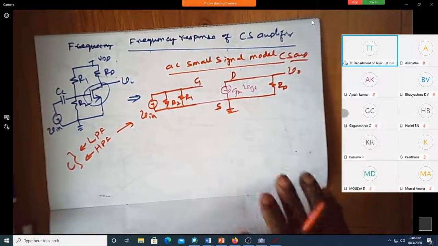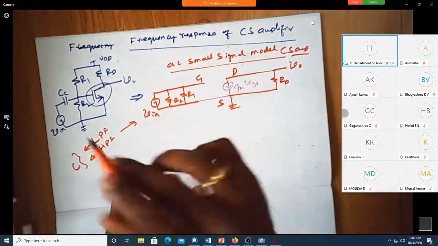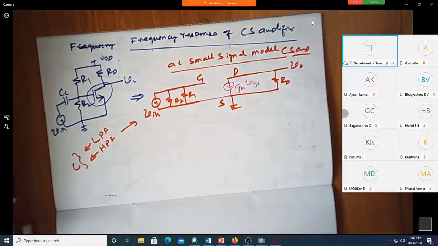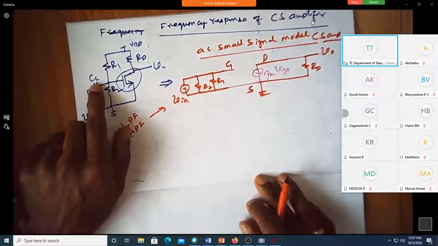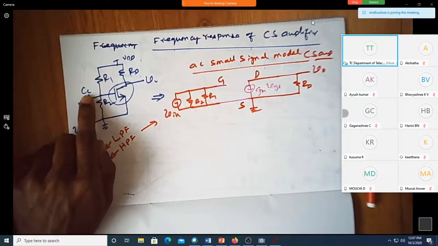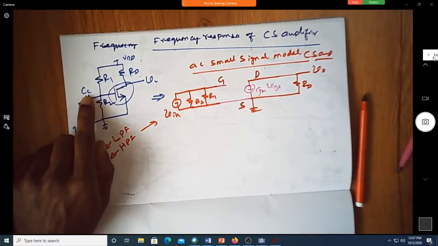So let us try to understand this AC small signal model. Why is that capacitor not there? Why did we actually short this capacitor in the AC equivalent model? Can you remember the reason?